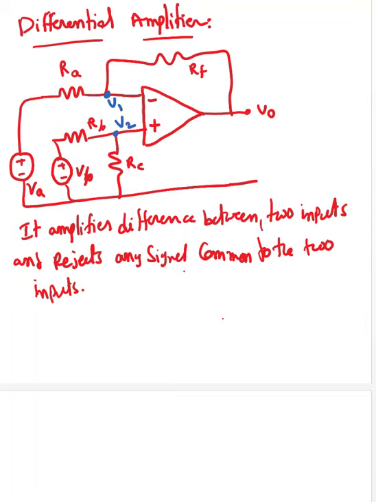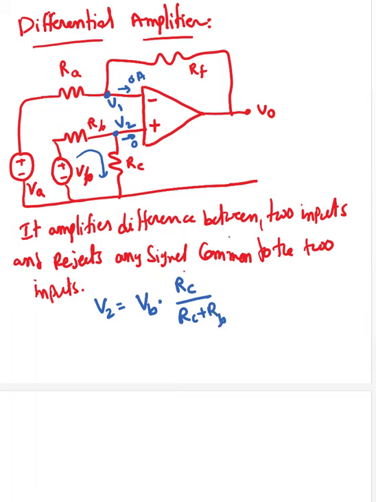First we'll find V2. I know the current going in here is 0 ampere, and the current going here is also 0 ampere, so I can use the voltage division rule here. V2 equals the total voltage VB times RC over RC plus RB.